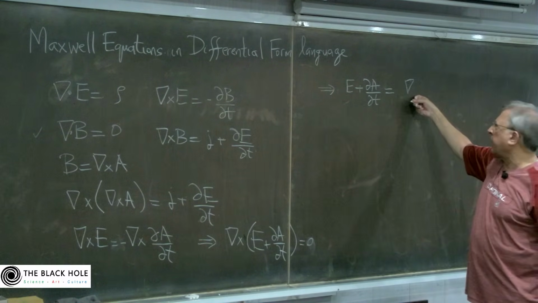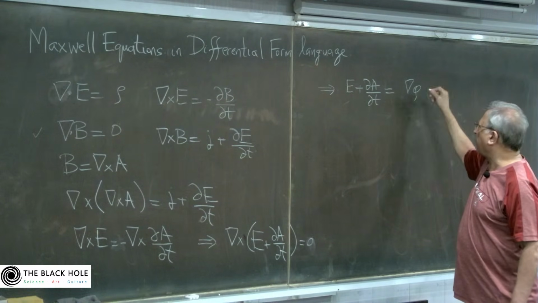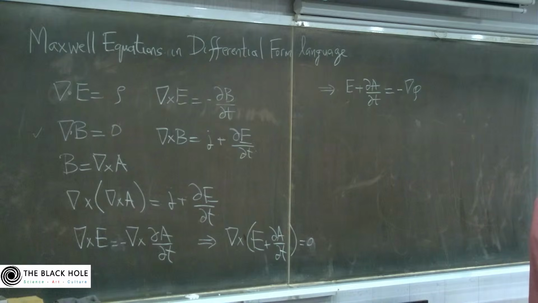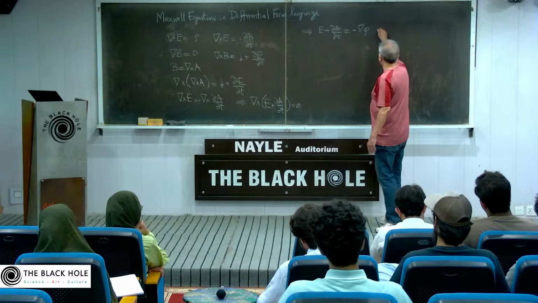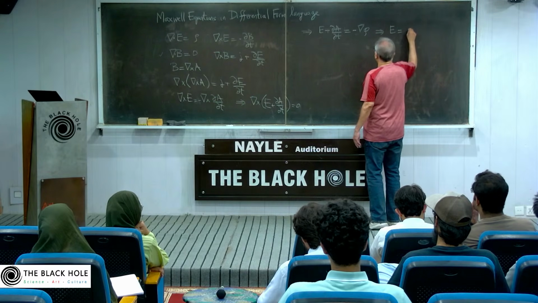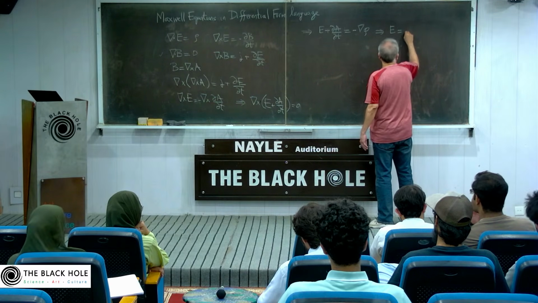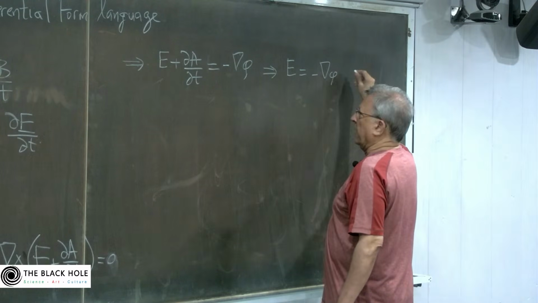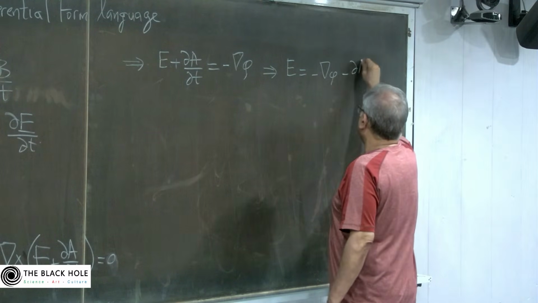That something is the potential, and we could put phi equally well, we could put minus phi. And so from here, we have E is equal to minus gradient phi minus dA by dt.